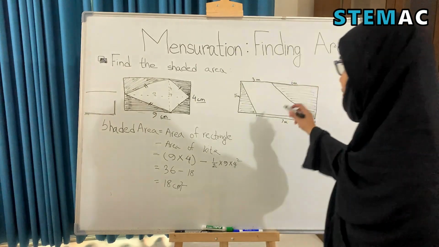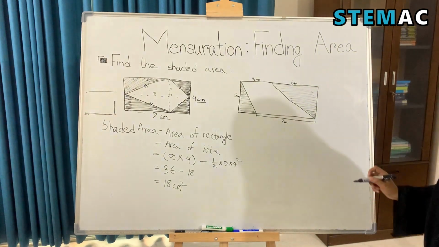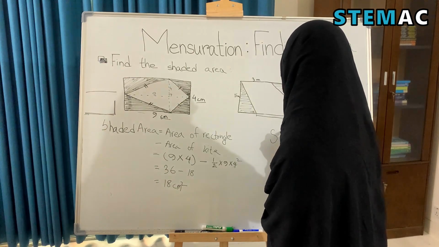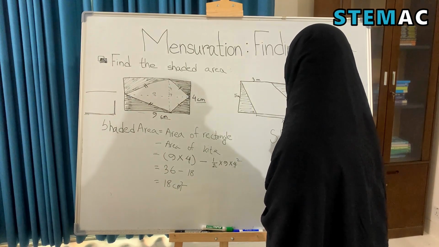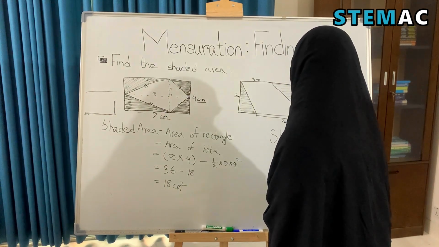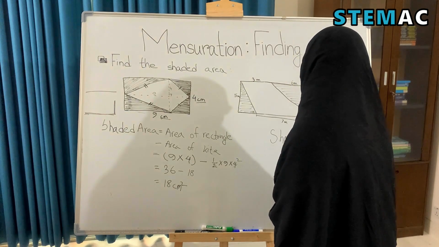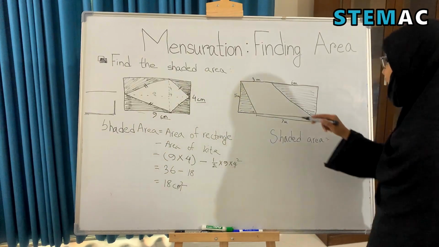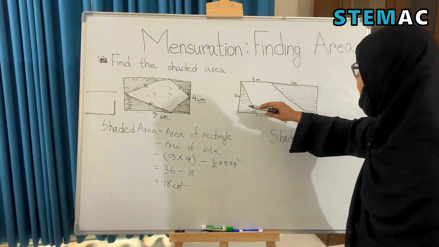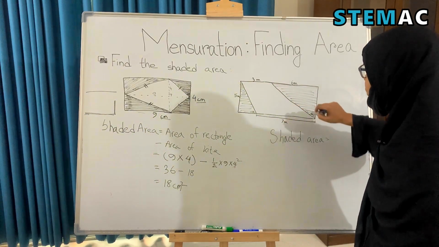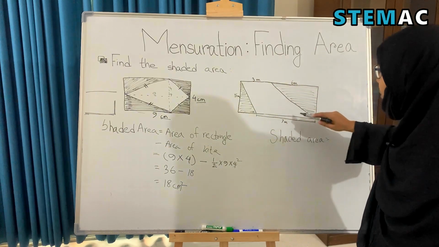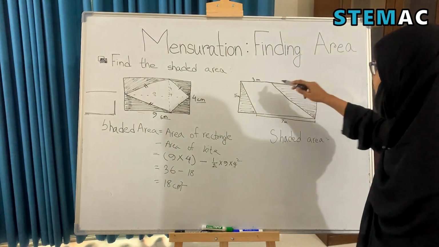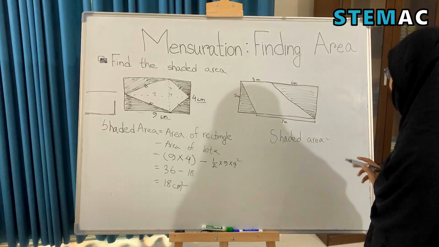So, now let us move to this shape. To find shaded area here, shaded area equals area of rectangle. This is a rectangle and we need to remove the trapezium from the rectangle to find the shaded area.